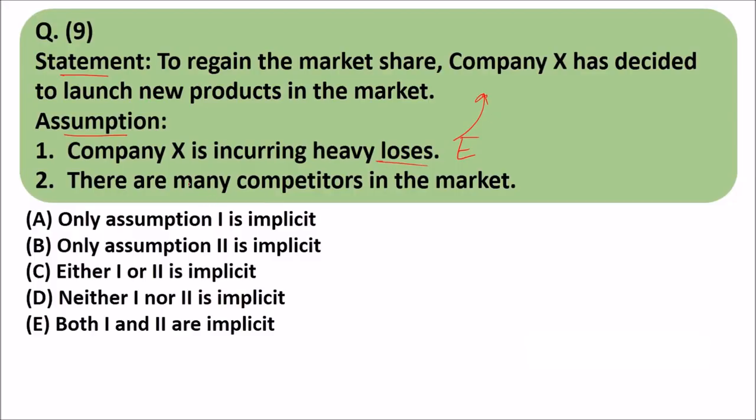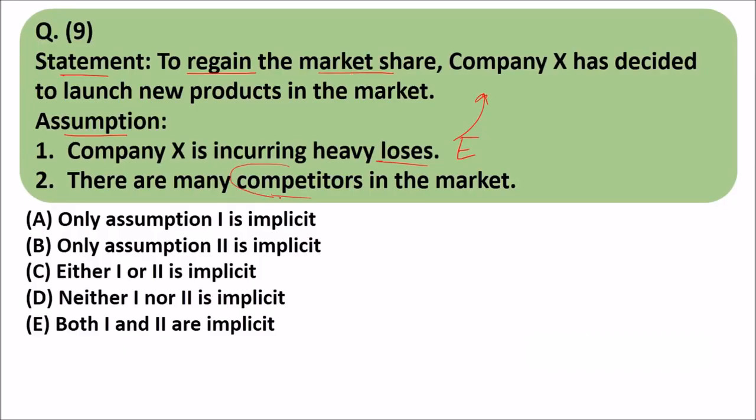Second, there are many competitors in the market. Now prima facie, when you look at this statement, you might think that this is irrelevant and there is nothing mentioned regarding competitors in the statement. But if you observe carefully, what have they said? To regain the market share. So company X has lost the market share, and to whom will they lose it?